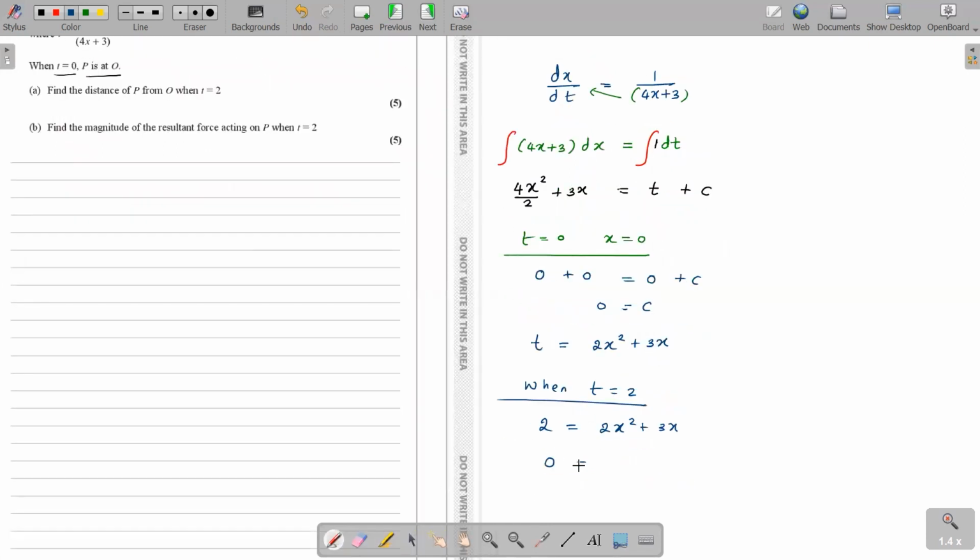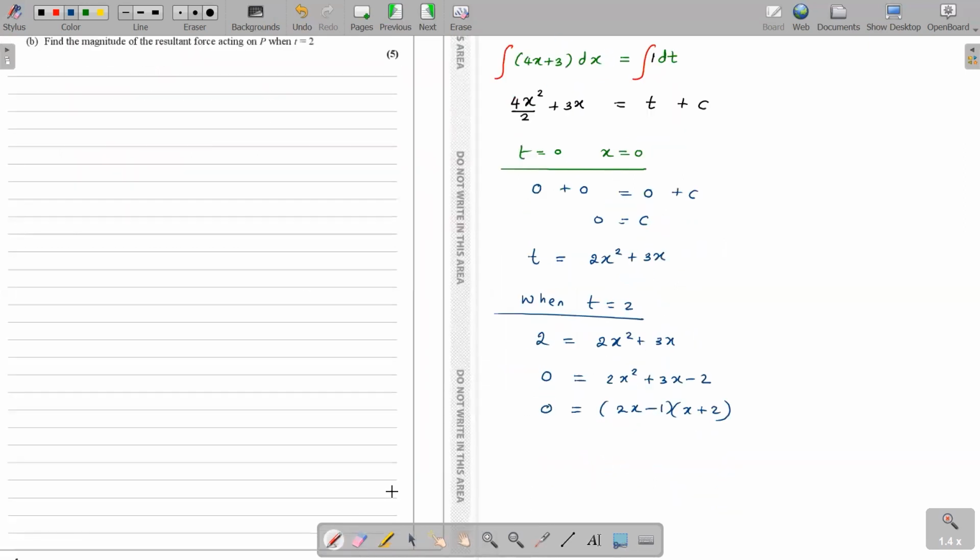So we get 0 equals 2x square plus 3x minus 2. What are the factors? 2x minus 1 and x plus 2. So basically we get x equals half or x equals minus 2.